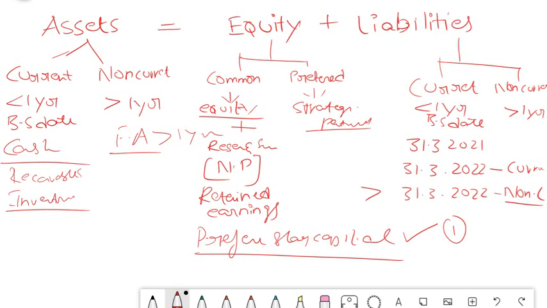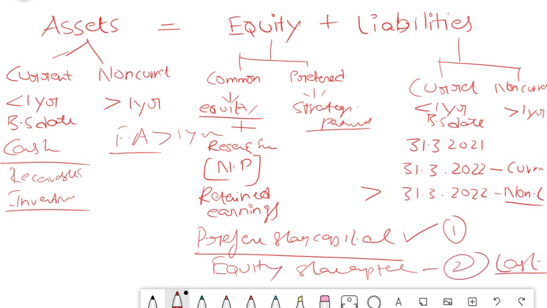If at the time of liquidation, I set off my liabilities and assets and there is 100 rupees balance left, first I have to settle the preference share capital, and whatever is the balance left will belong to the equity shareholders. So they will get the last preference, friends. Preference share capital, as the name suggests, have more preference than the equity shareholders.